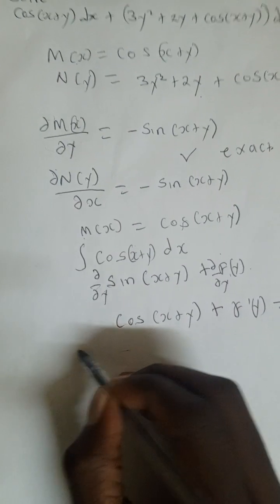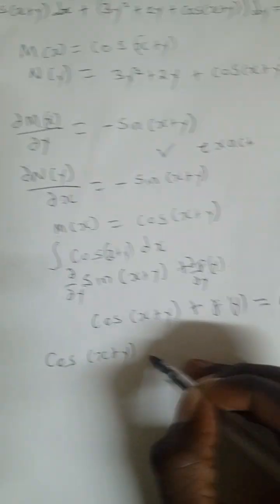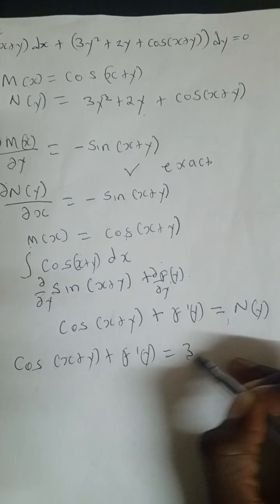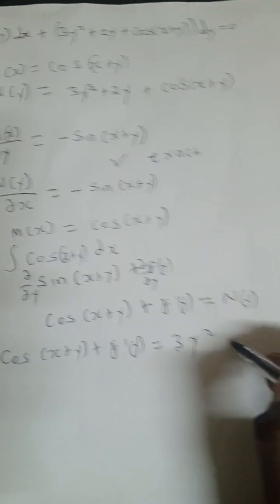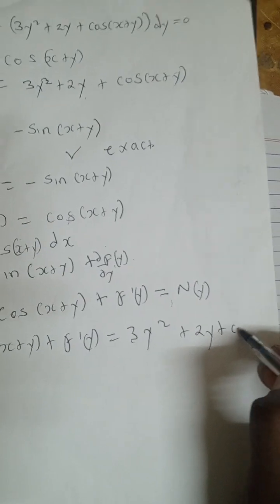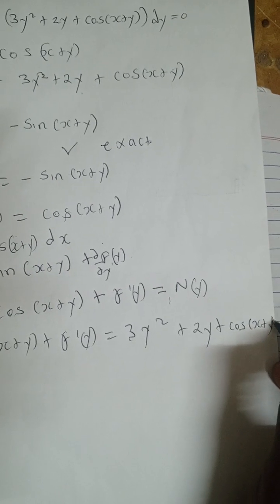So we're going to say cos(x + y) plus f'(y) equal to, what is N(y)? 3y squared plus 2y plus cos(x + y).